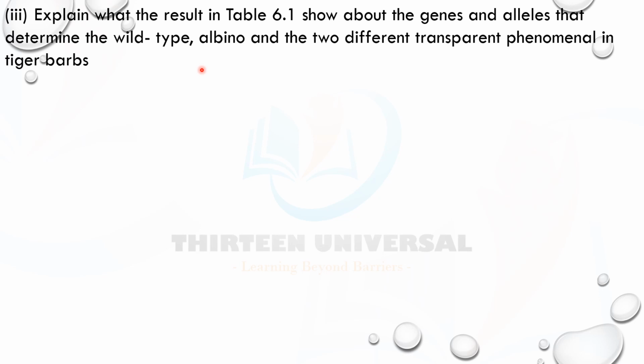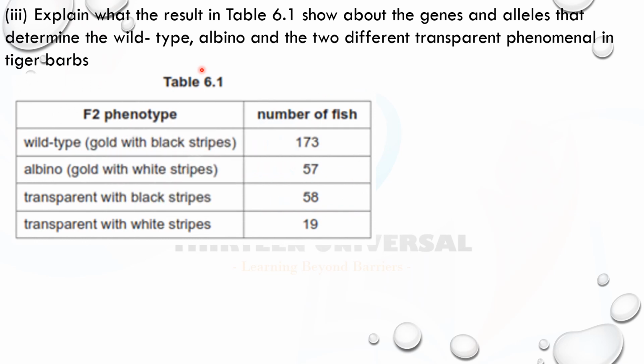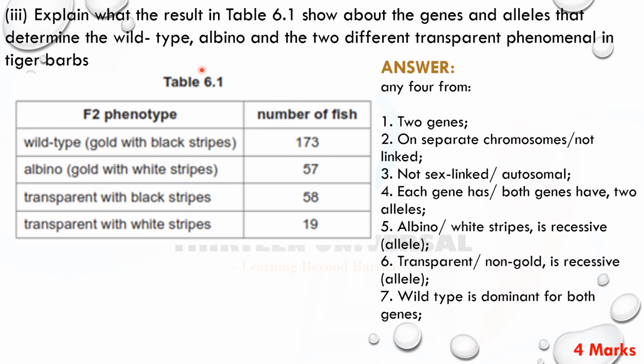One gene is for gold, which mutates to form transparent, with two alleles, either gold or transparent. The other is black stripe, with two alleles, either black stripe or albino.